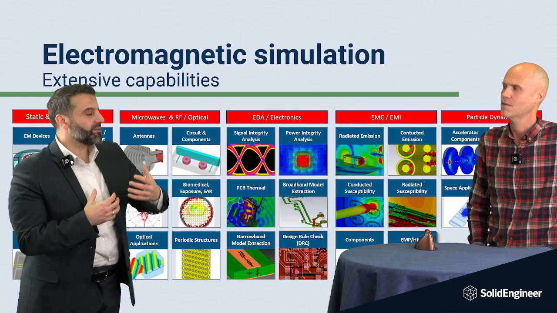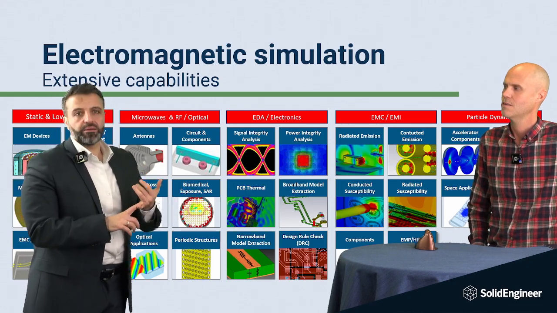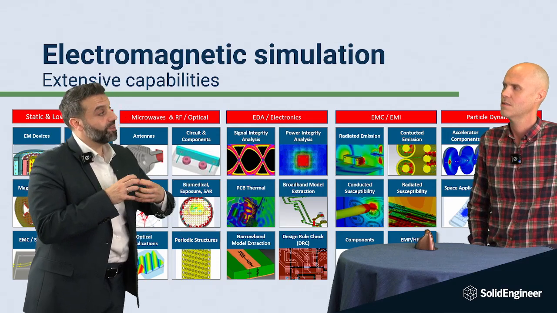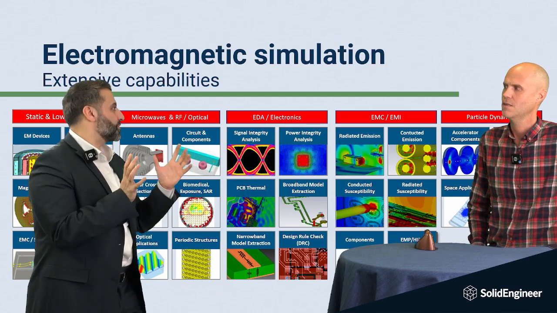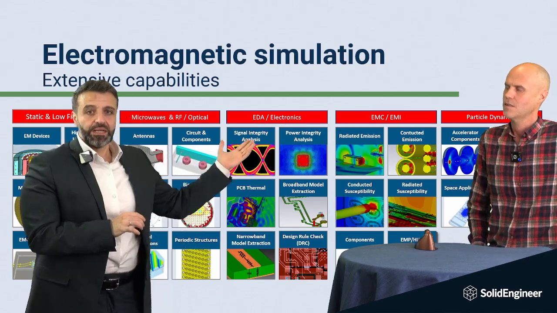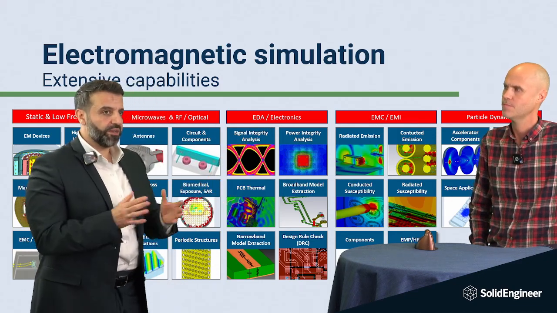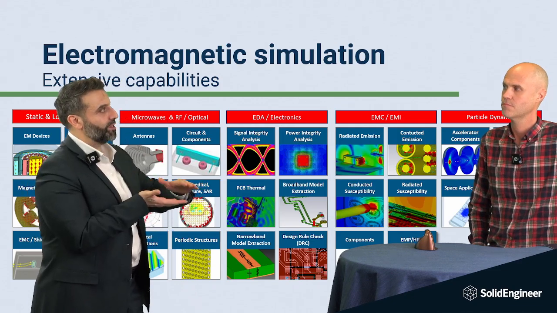But there is something other than antennas. We also have RF devices, such as filters, which are all used within the communication channel. So this is the high frequency market. Then of course we have the EDA, or electronics market. Nowadays, if you open any electrical product, you find those green boards.